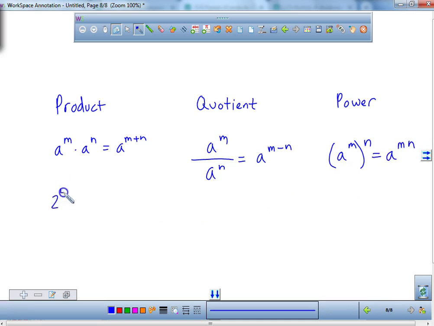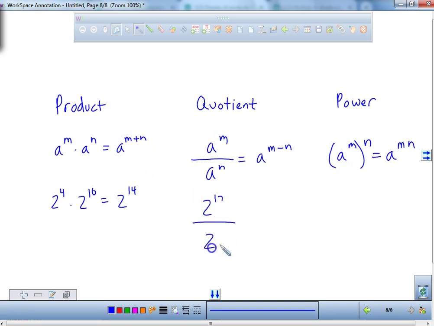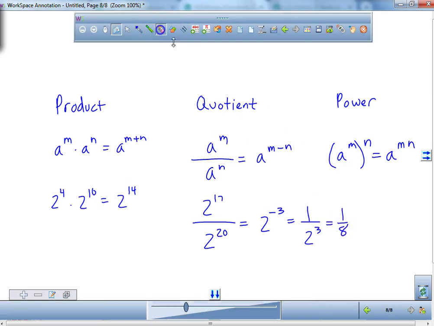We got 2 to the power of 4 times 2 to the power of 10, which gives me 2 to the power of 14. If I say 2 to the 17th power over 2 to the 20th power, this would be 2 to the power of negative 3, which would be the same as saying 1 over 2 cubed, which would be 1 over 8. Okay? If I wanted to evaluate all the way to the very end. Right now, I'm just going to keep it as 2 to the power of negative 3.